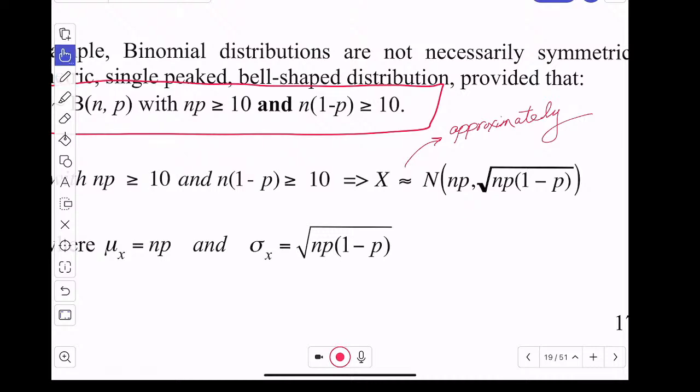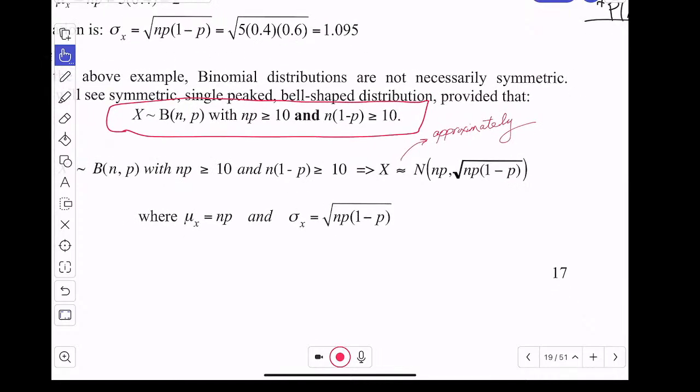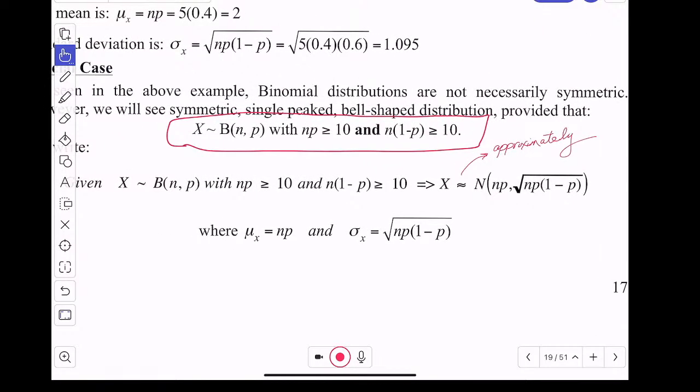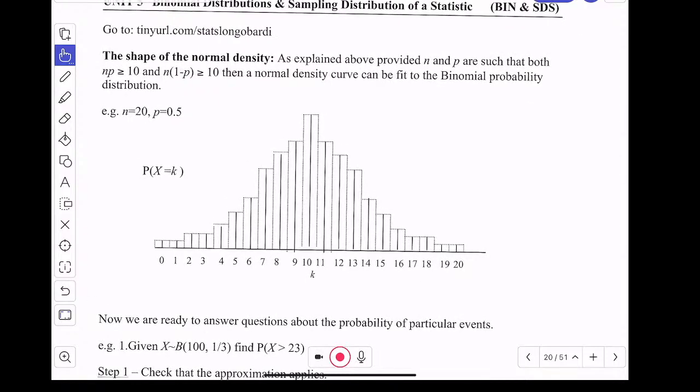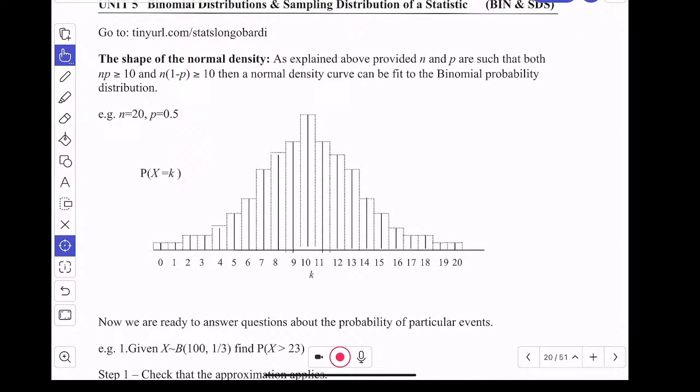So let's see. For instance, this all begins around with a p of 0.5. We expect to have symmetry, but what about normality? That's different than symmetry, right? We discussed that.